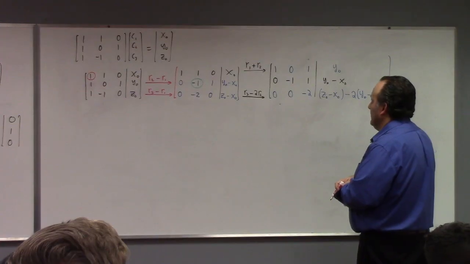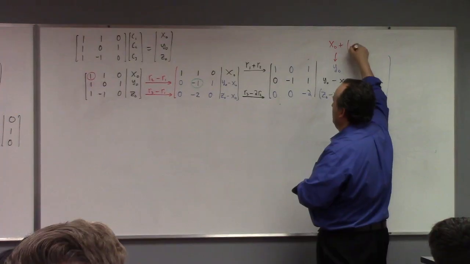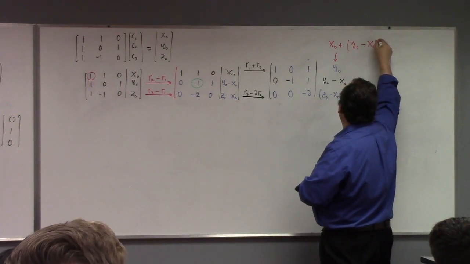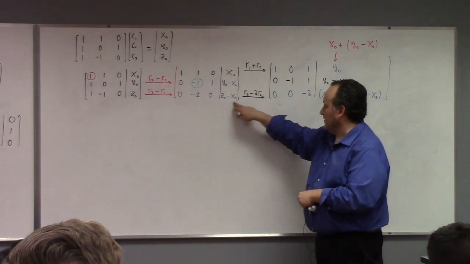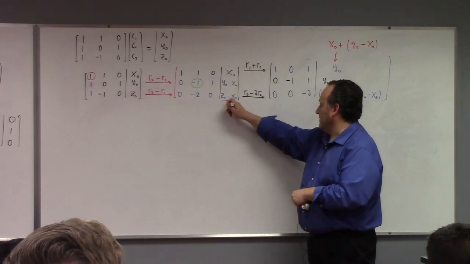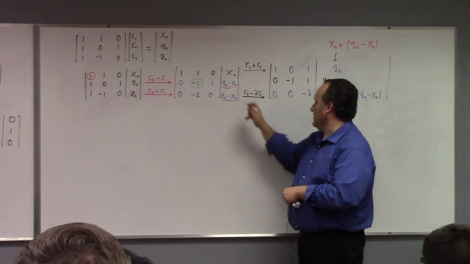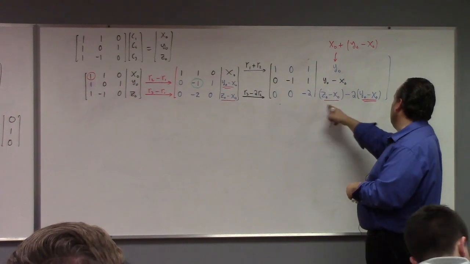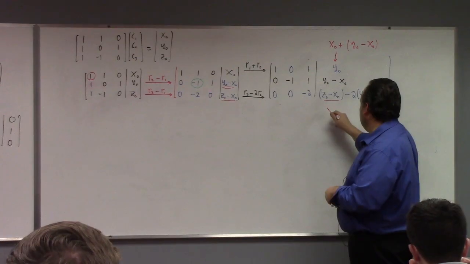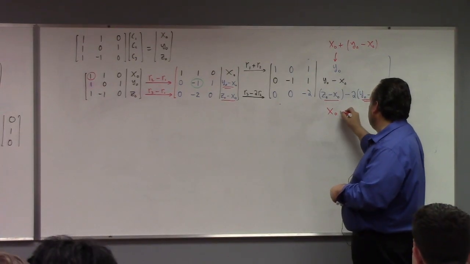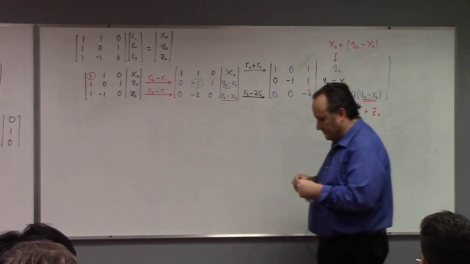Well, this y naught was x naught plus parentheses y naught minus x naught. Gotcha. So I'm taking the third component here and subtracting twice of that. This gives us minus x naught plus 2x naught, so that's x naught. So we have x naught minus 2y naught plus z naught. That's how that simplifies.